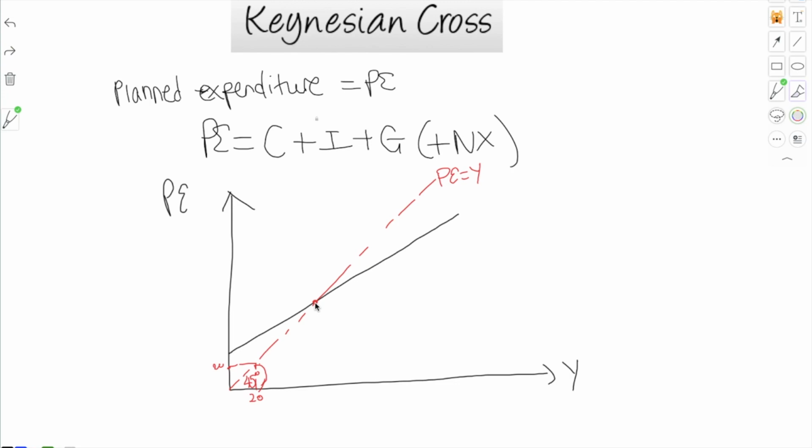That's why it's here, where PE equals Y. So this point here is what's known as equilibrium. And if you're at equilibrium, you essentially want to stay there because your plans have been realised. But unfortunately, we have situations in the economy when we're not in equilibrium.